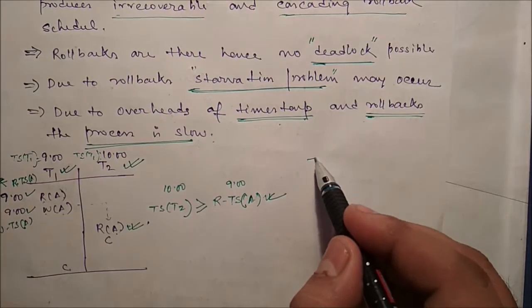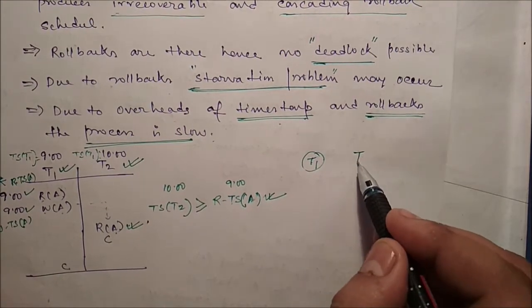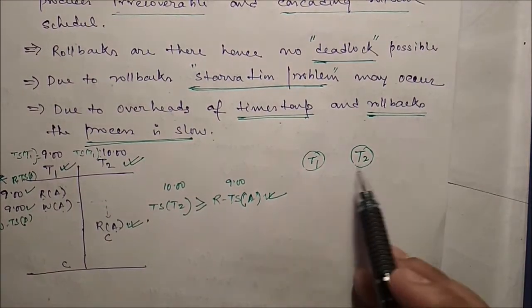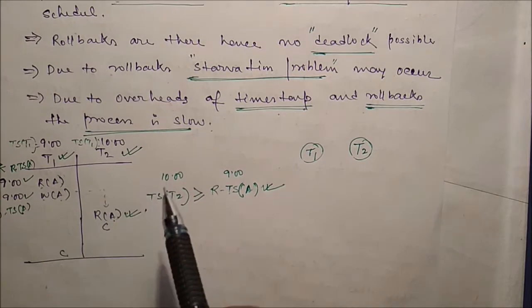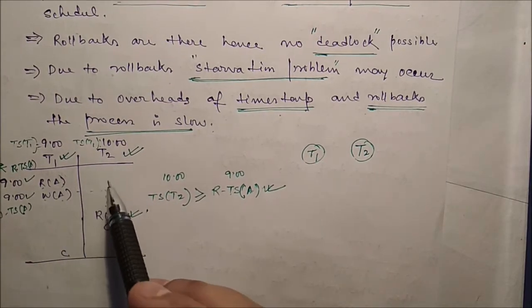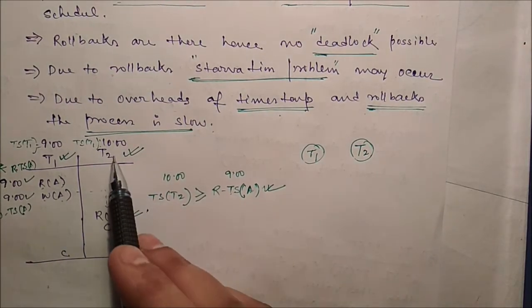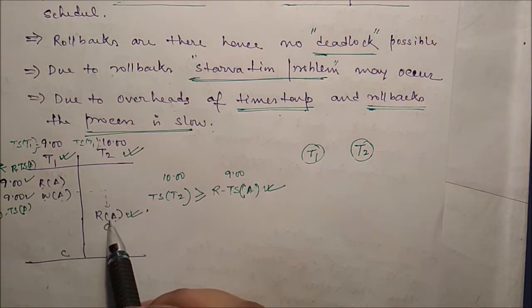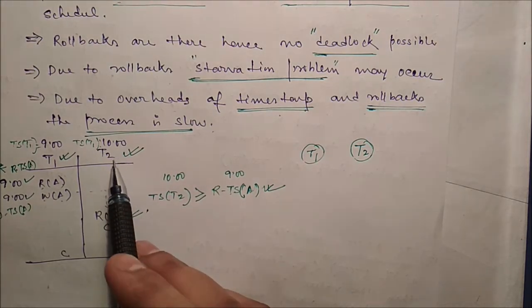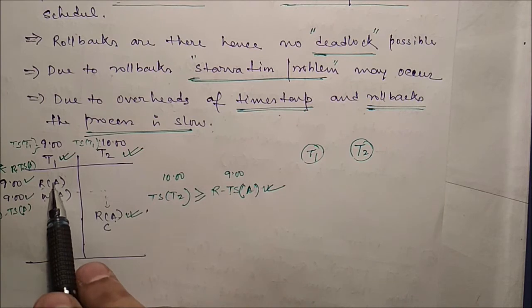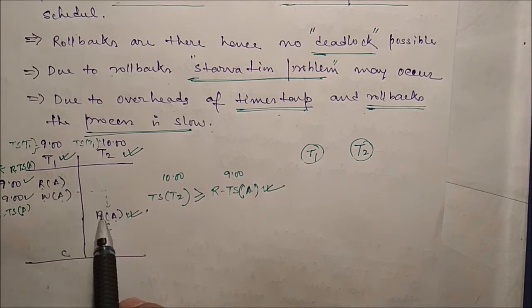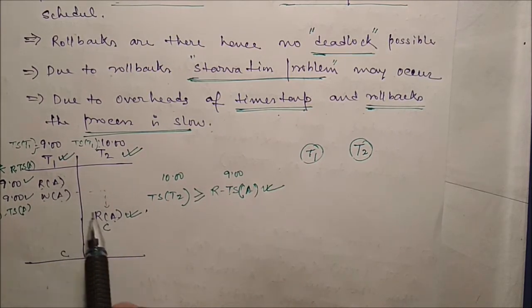Now for these two transactions, T1 and T2, we can check whether the schedule is conflict serializable or not. Here we can see read A and read A are non-conflicting. Write A and read A is a conflicting operation.